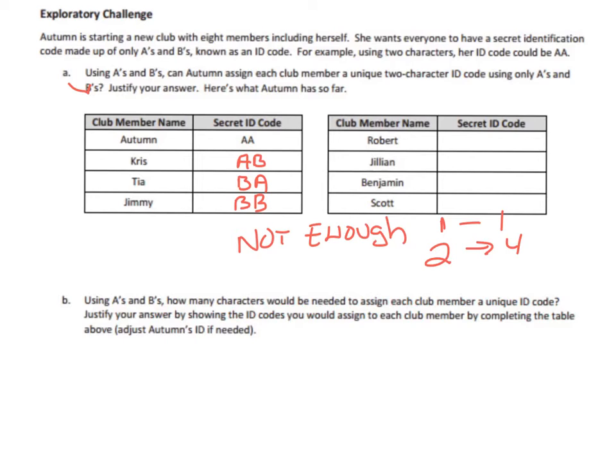Okay, so if we try 3 codes, you should be alright, because if I go back here and say, okay, that's A, A, and then this one is A, A, B, and then A, B, A. A, B, B. Those are the same 4 I just had, except I put an A in front of it, right? Now I could do the same thing again. I can have B, A, A if I take the same 2.